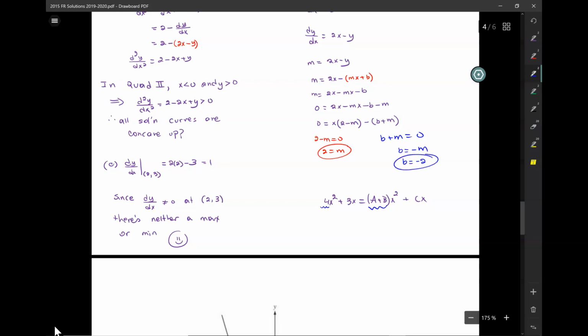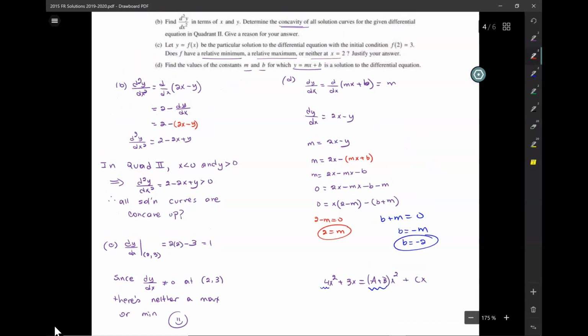Yeah, there's no way I would think of doing this. This is a 3-point problem. You get 1 point for this, 1 point for this, and then 1 point for the rest. So it's very fairly distributed.